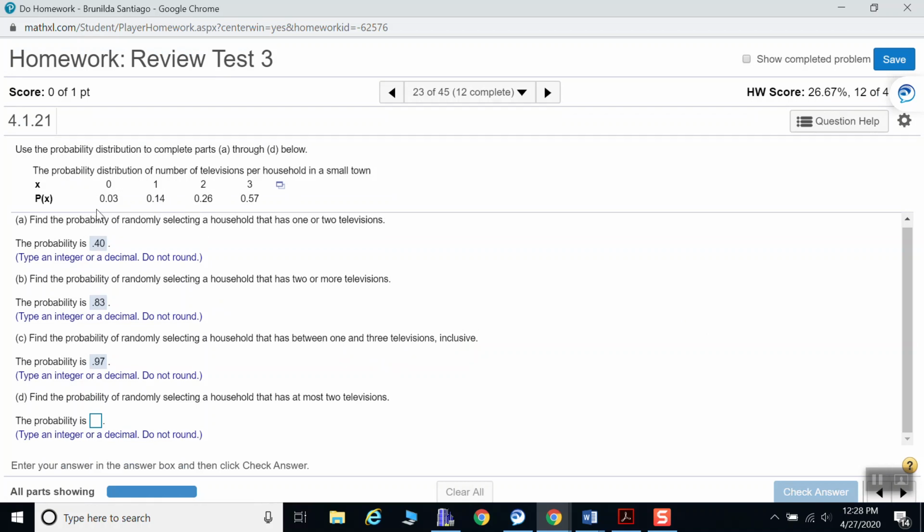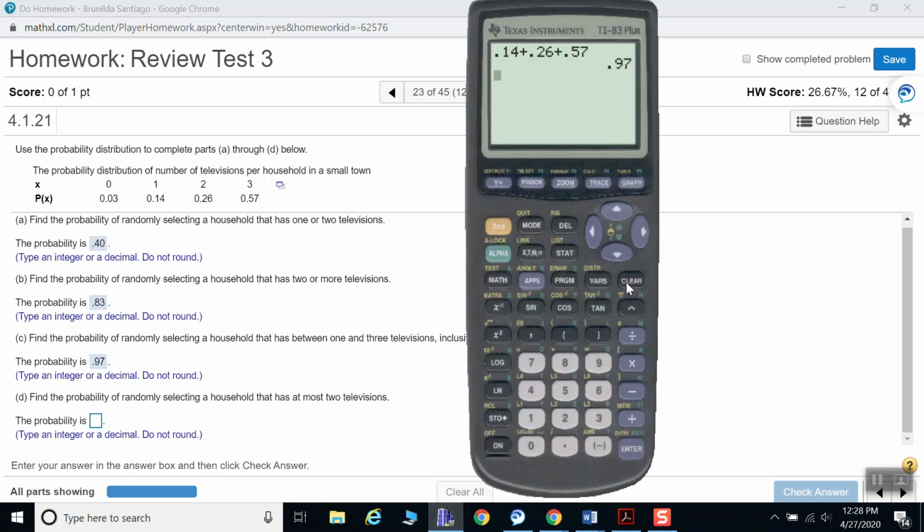So we're going to add these 3 numbers, the first 3 probabilities, in order to answer this question. So this is going to be 0.03 added to 0.14 added to 0.26, and that gave us 0.43.